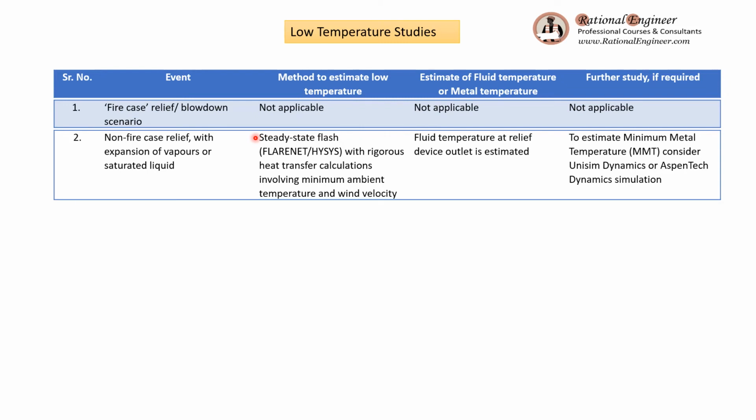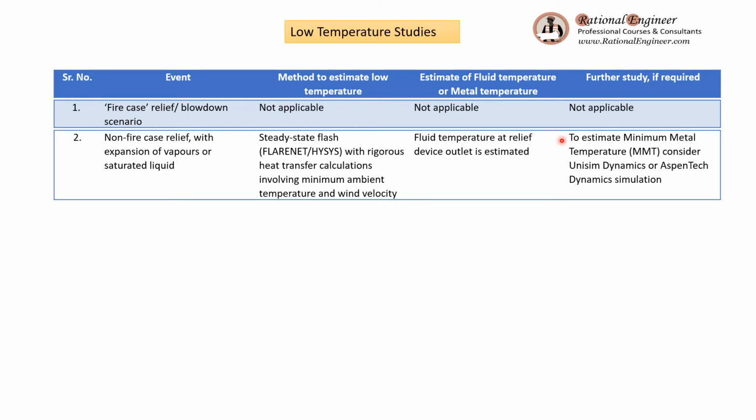This will help to estimate the fluid temperature at the outlet of the relief device. However, this method is limited to estimate only the fluid temperature. It will not be able to estimate the metal temperature of the piping.